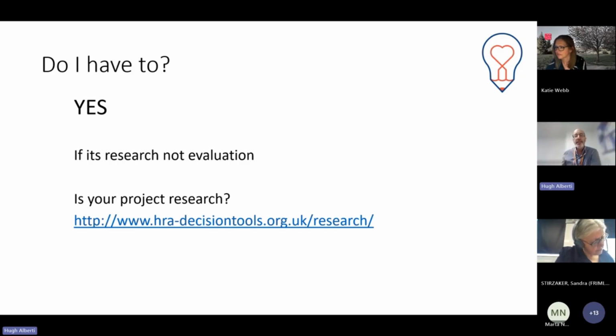If you're thinking this is of interest to those outside of our institution, so I will be hoping to present it at a national conference, I'll be hoping to publish it, then it's research. Very simplistic, but when I'm doing stuff with our students, that's how I help them to find the difference between the two. Who's interested, and where am I going to disseminate the findings?